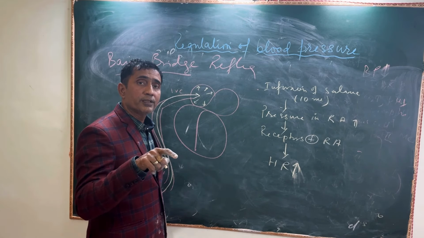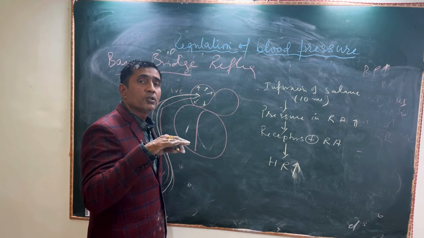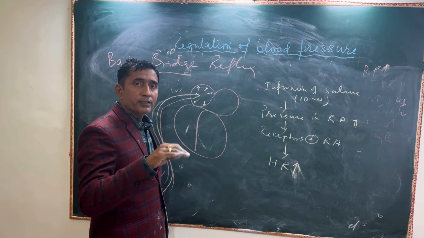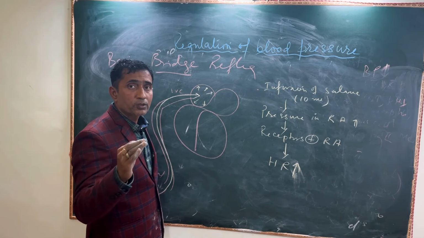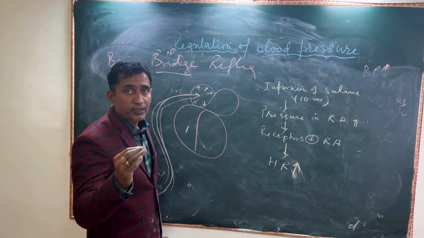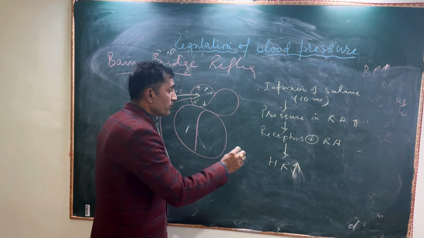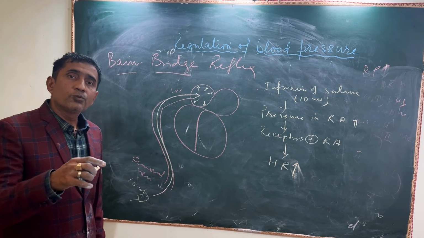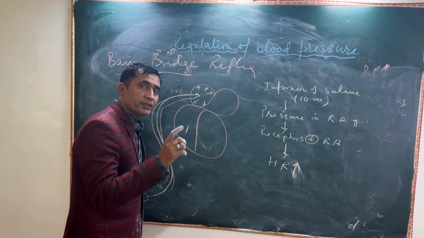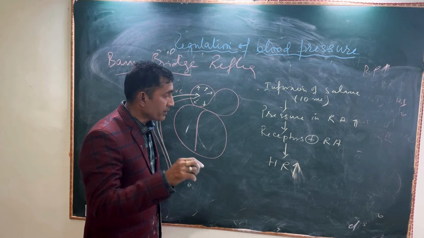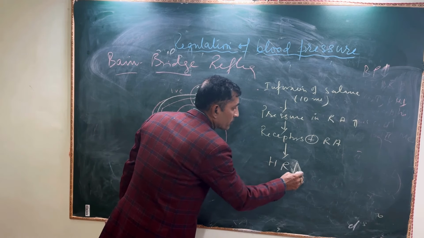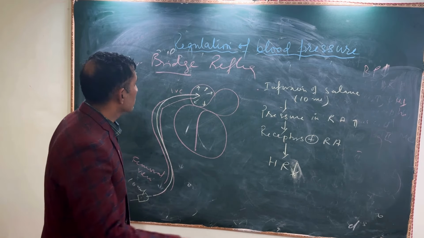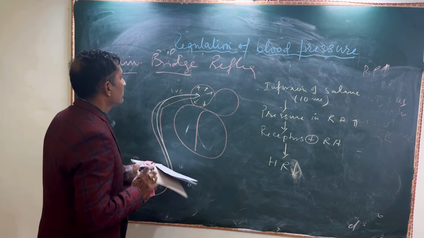If the initial heart rate is towards the lower side, the heart rate will be increased because of stimulation of sympathetic efferent. If the heart rate is towards the higher side, there is a stimulation of vagal efferent and the heart rate will be reduced. This reflex is called the Bainbridge reflex.